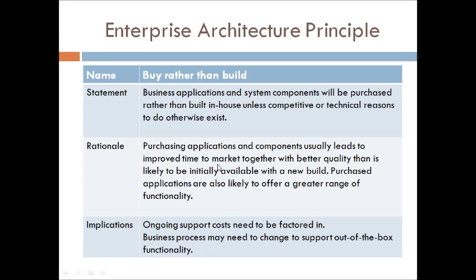Rationale is the reasoning as to why we choose this principle. What kind of advantages do we think this principle will bring in? Let's take a look at the rationale of our principle, buy rather than build. It says, purchasing applications and components usually leads to improved time to market.